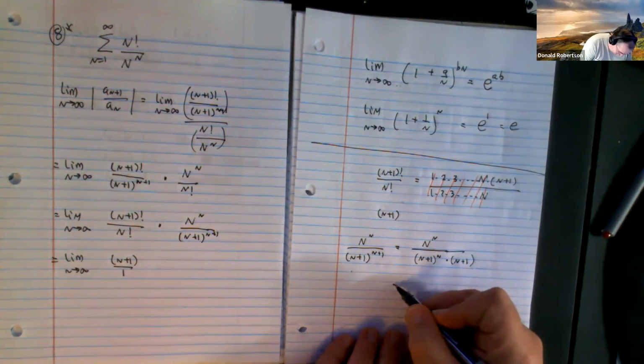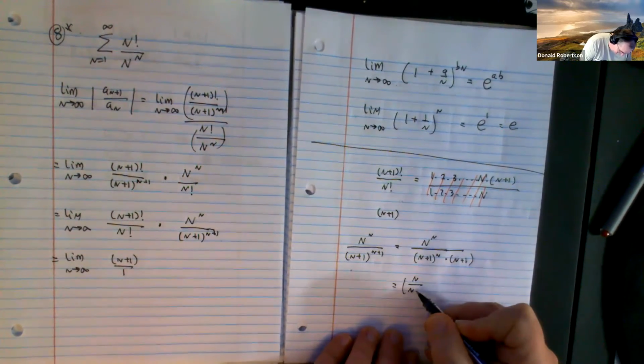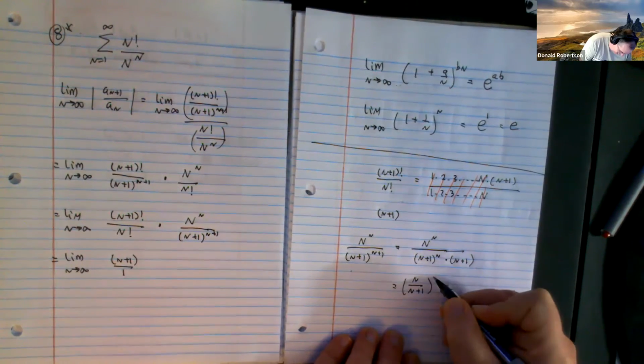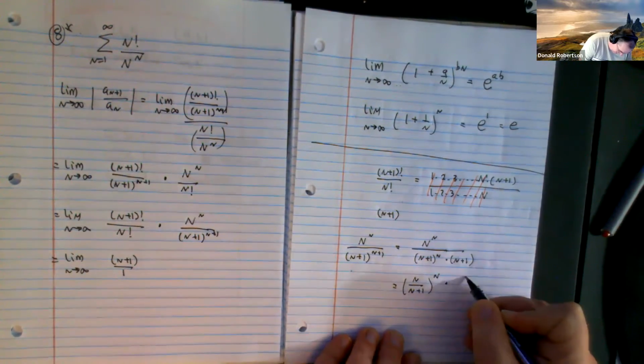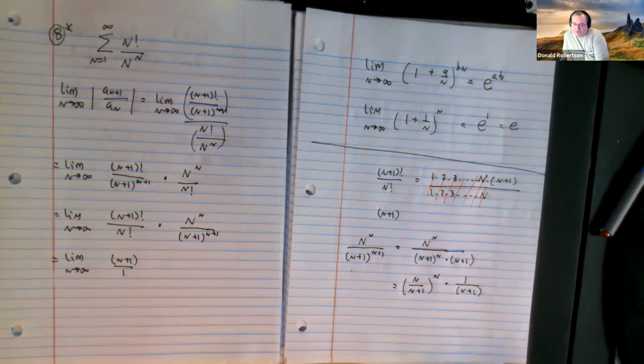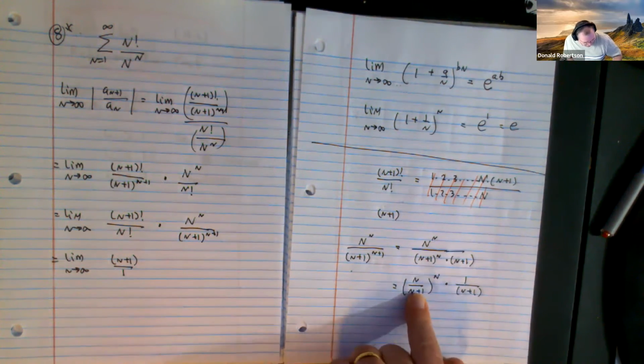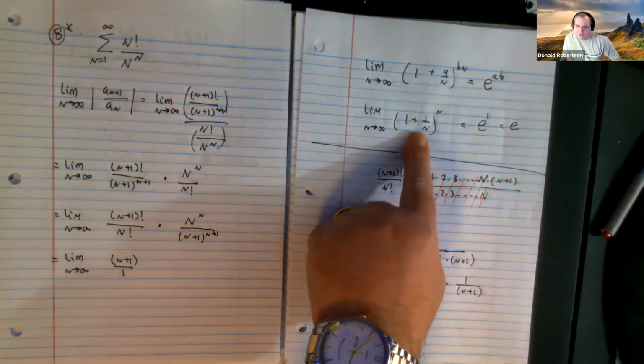Now what I'm going to do is take these guys and combine them, and then stick that guy over there. So far, so good? Now, this guy doesn't look like this guy yet. Would you agree?